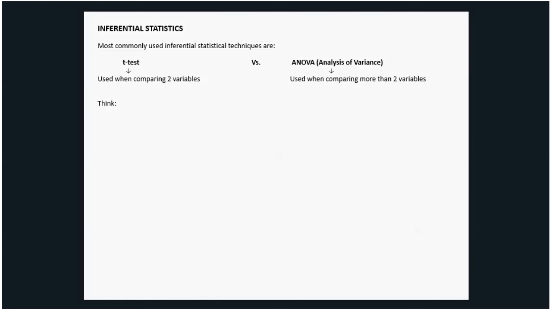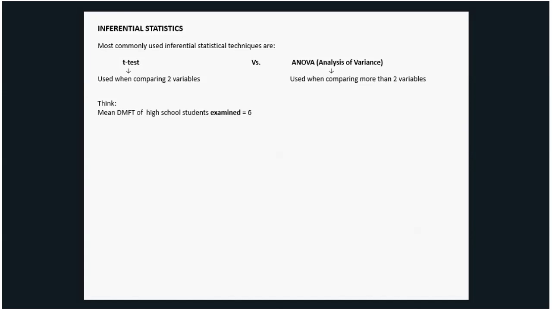Group C, pre-test, post-test, I can use a t-test. But when I look at the pre-test for group A, group B, and group C, now I'm looking at more than just 2 things, right? I'm looking at more than just 2 scores here. I can no longer use a t-test. I have to go with the analysis of variance.